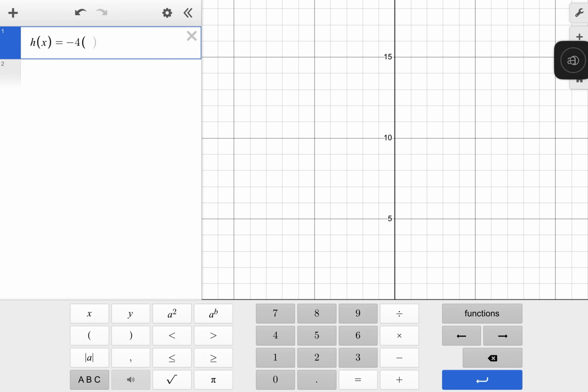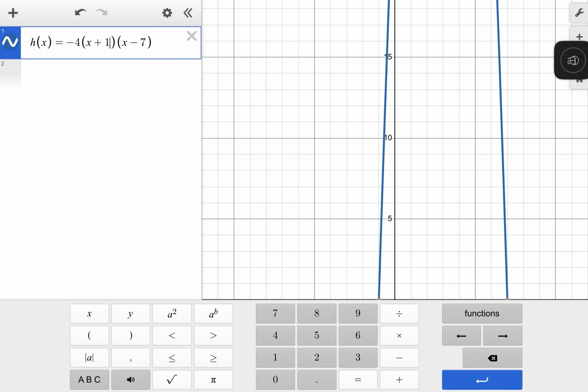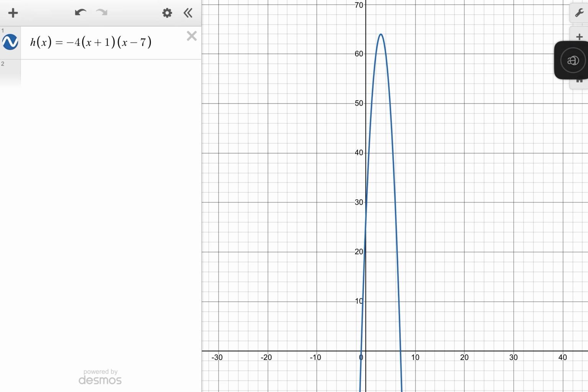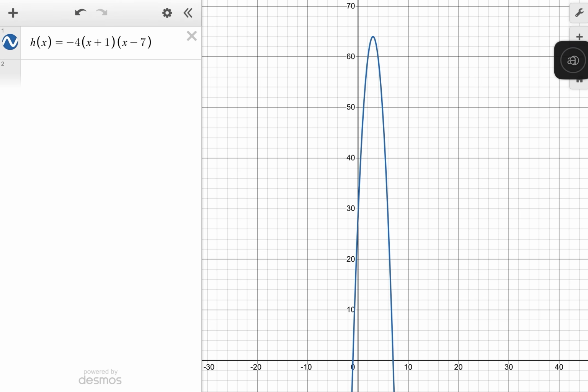So let's say this is negative 4 times x plus 1 times x minus 7. Wait, it should be a plus 1. Okay, so we're given essentially this graph. And once again, I told you that it would be t, so pretend that the x is actually a t for now.